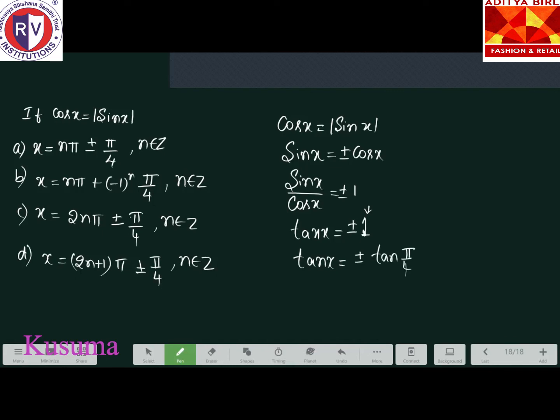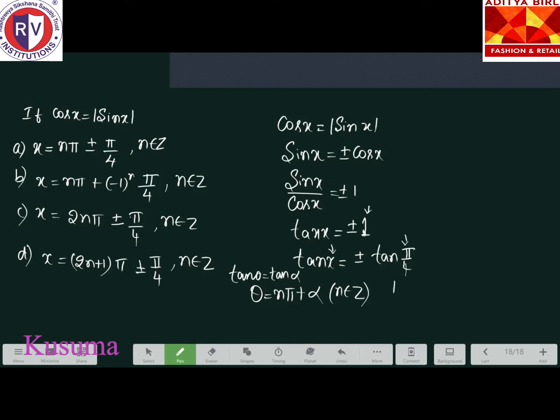So whenever tan theta is equal to tan alpha, the general solution will be of the form theta is equal to n pi plus alpha, where n belongs to z. So here in the place of theta it is x, and in the place of alpha it is pi by 4.